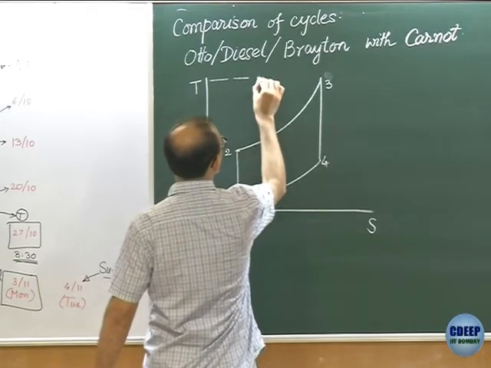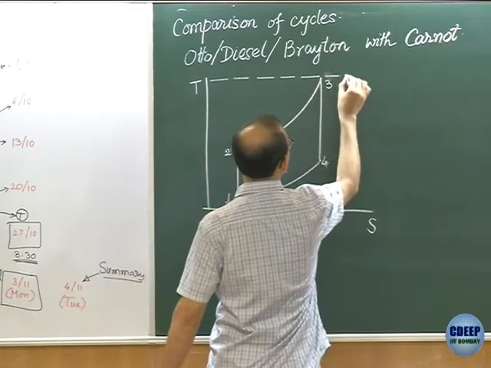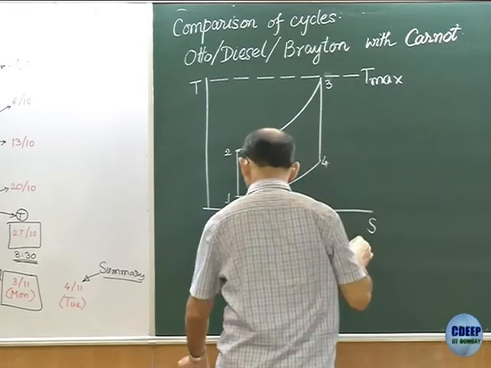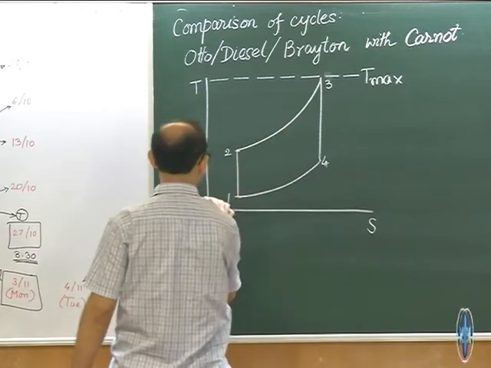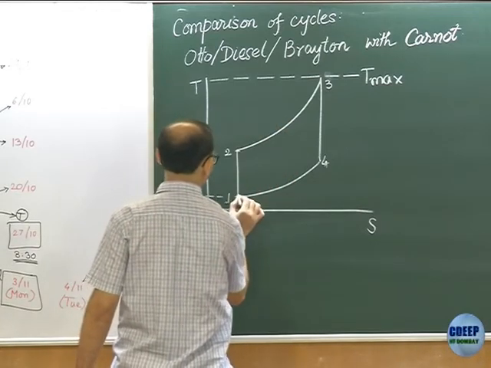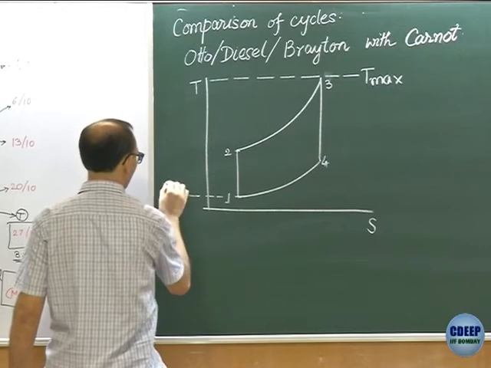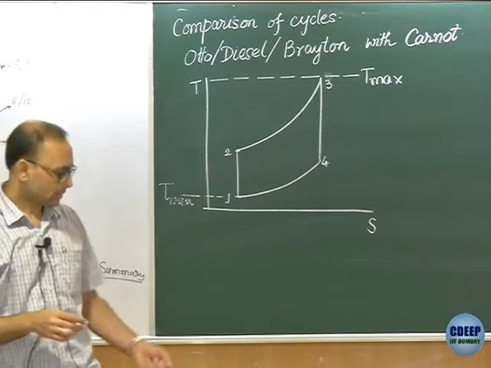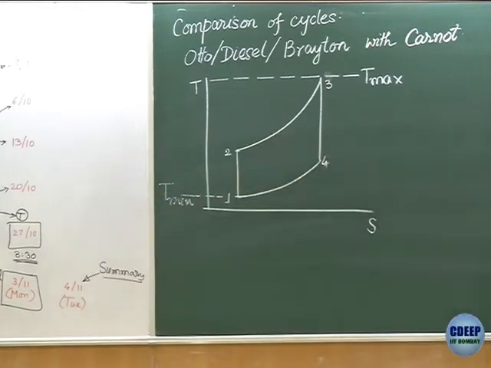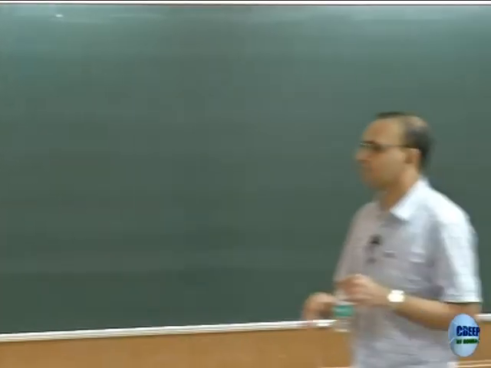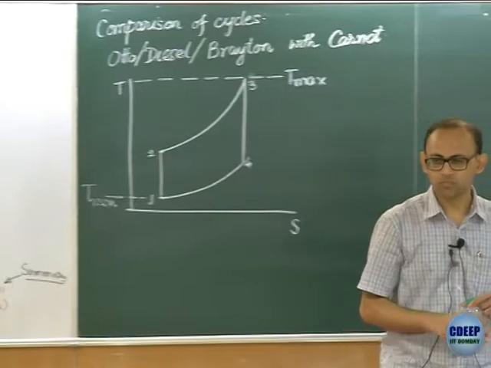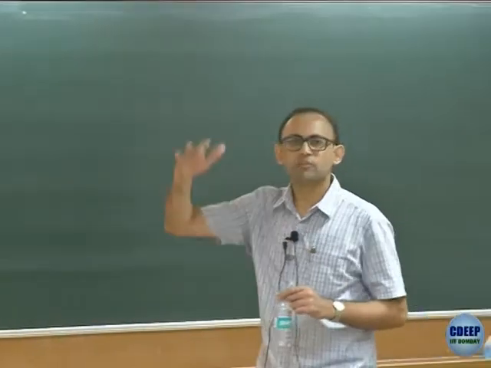And we will draw the limits of the maximum and minimum temperatures. The maximum and minimum temperatures, as we had said earlier, have physical meaning. That's why we are putting them. Minimum temperature being the ambient temperature, maximum temperature being the temperature of the fuel burning.